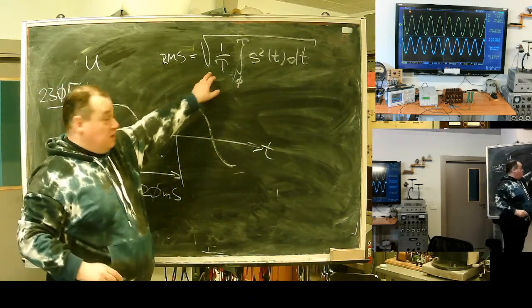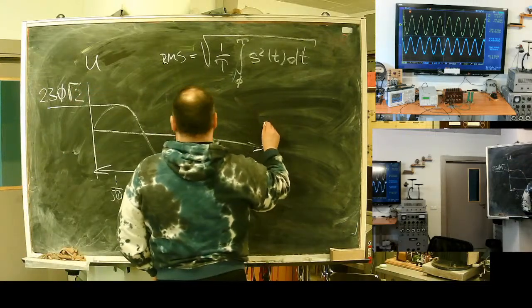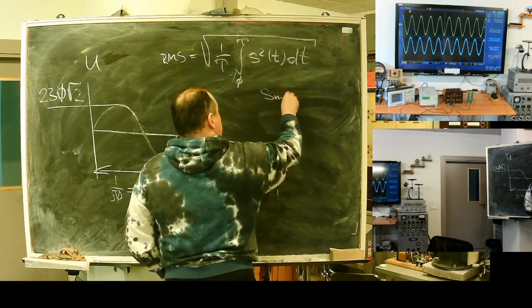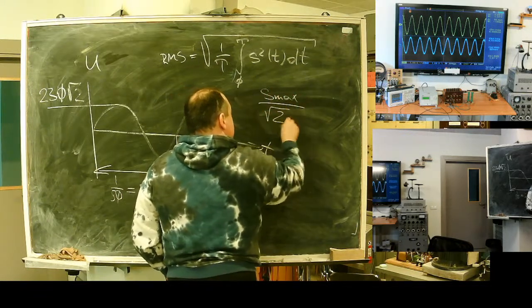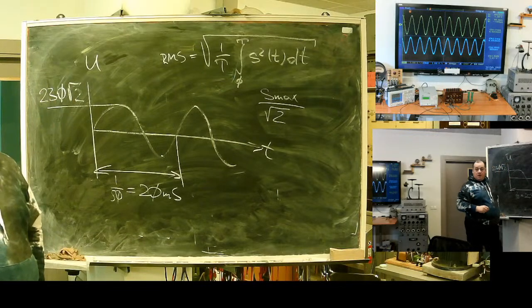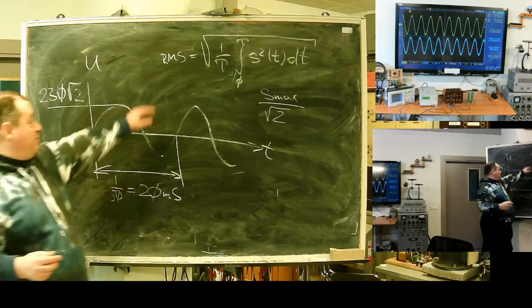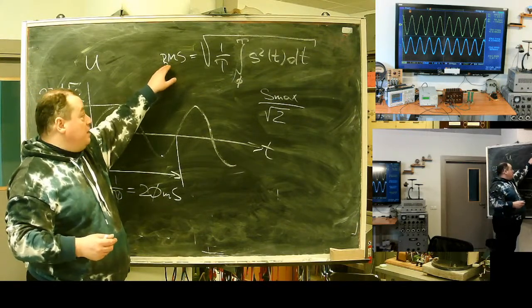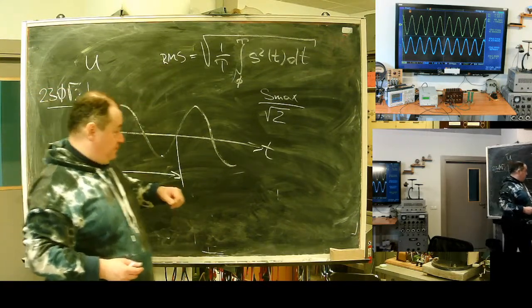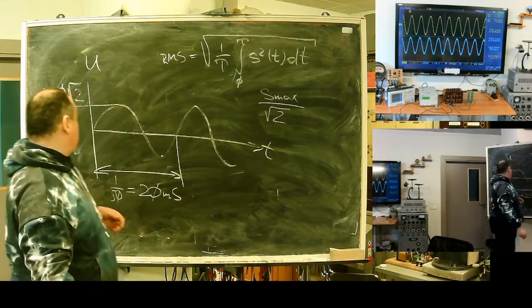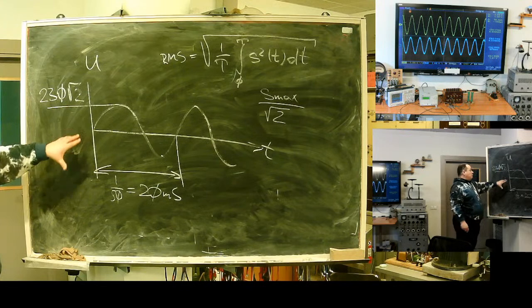This will yield a simple amplitude divided by square root of 2. So for ideal AC voltage or AC current, RMS or effective value can be its amplitude divided by square root of 2.